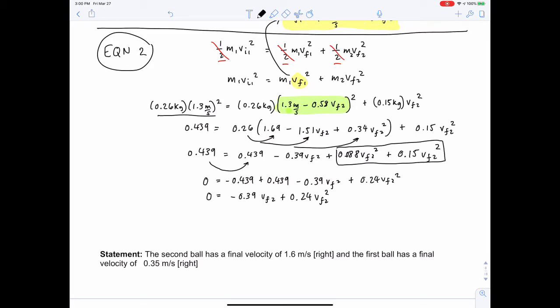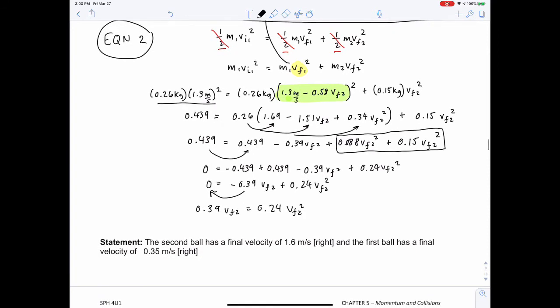We're going to take the negative 0.39 VF2 and bring it over the equal sign. When we do, it becomes positive. And we'll do this in a way that you'll see helps us to solve for VF2. So we have 0.39 VF2 is equal to 0.24 VF2 squared. Divide both sides by VF2, reduces the VF2 on both sides.